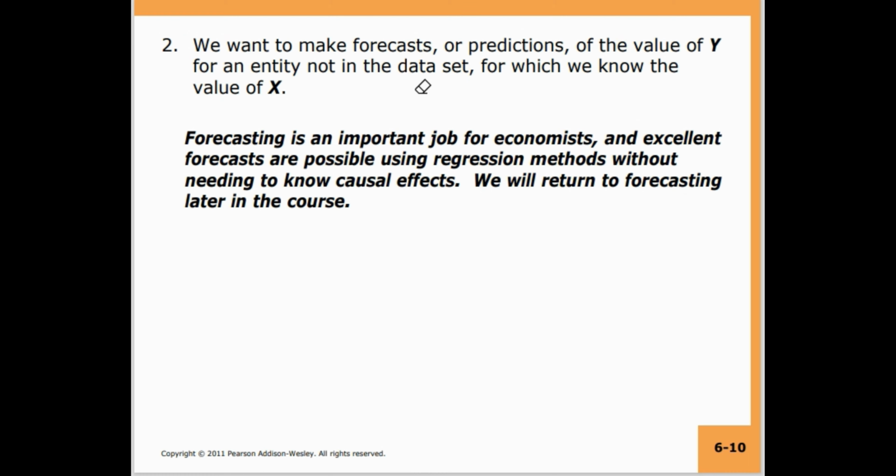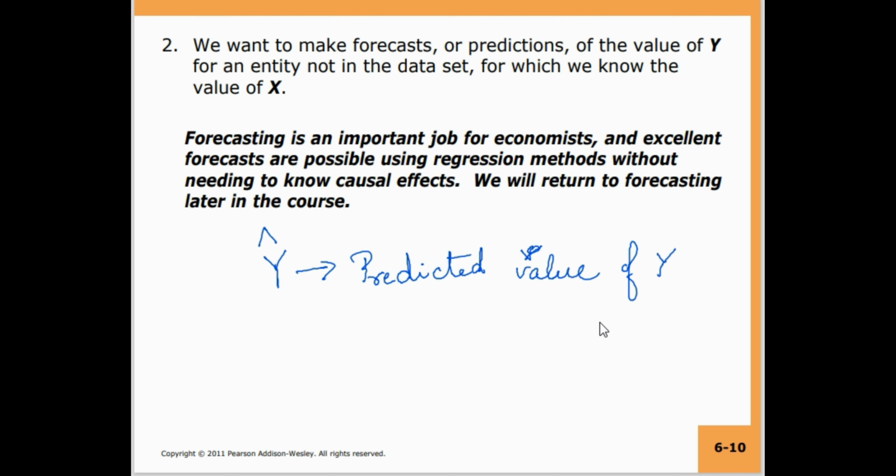Sometimes we want to make forecasts, so we are not really interested in beta 1 hat per se, but we are interested in y hat, the predicted value. We are not interested in what goes into predicting y, but in the predicted value of y. For instance, when you are looking at stock prices, you want to predict what the price of a particular stock will be in the future, but you are not really concerned about what is causing the prices of stocks to go up or down.